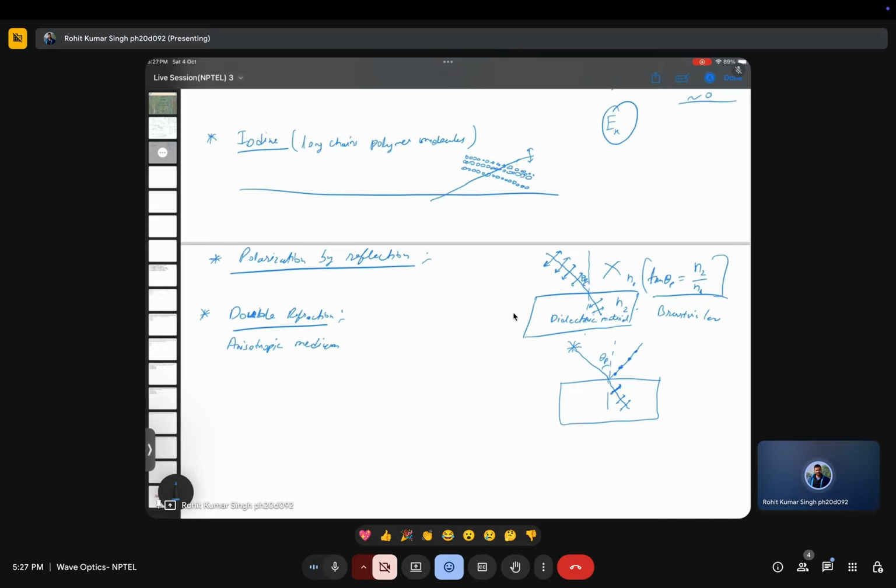so if you have such a material like here, this is an anisotropic medium, and you shoot an unpolarized light on it.